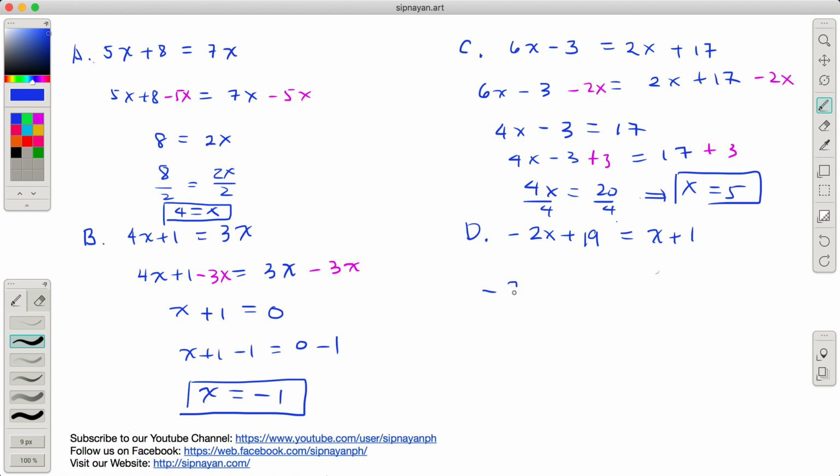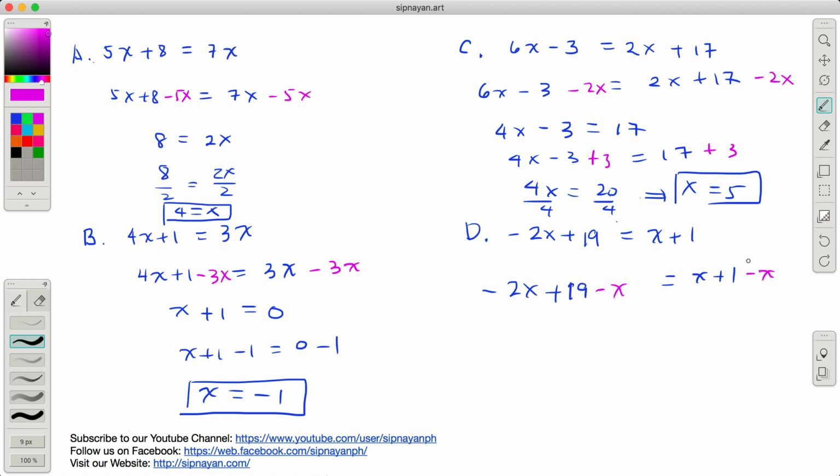So negative 2x plus 19 equals x plus 1. Ayaw ko na x sa kaliwa. Oh, sorry, ayaw ko na x sa kanan. So magma-minus x ako dito. Minus x. Since nag-minus x ako dito, magma-minus x din ako dito.